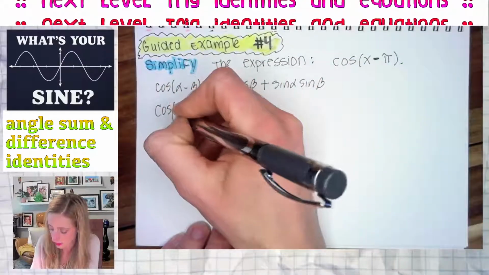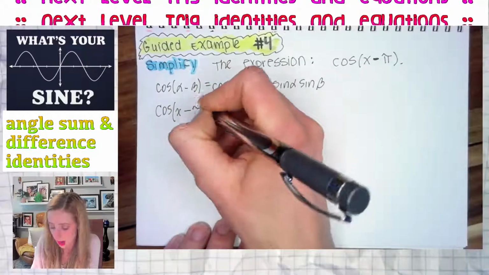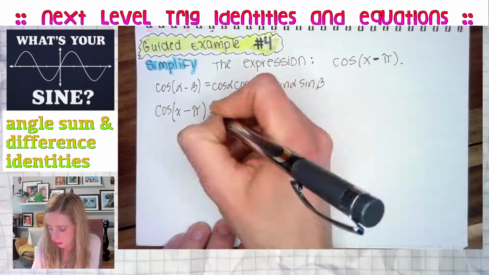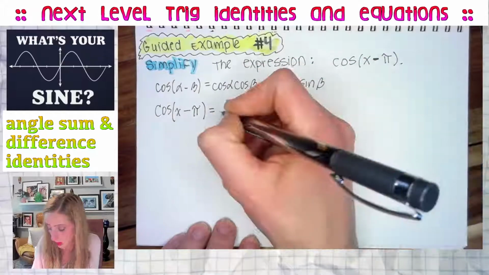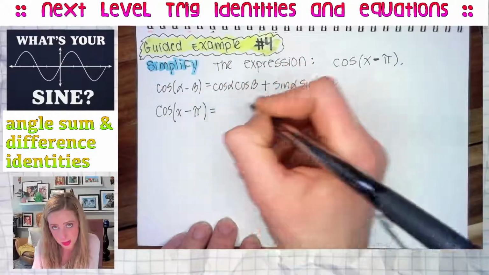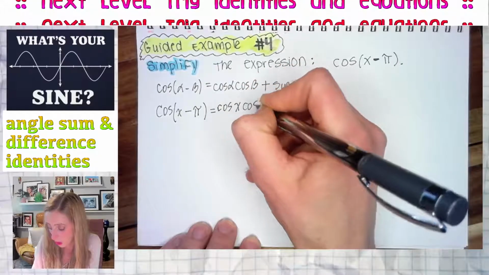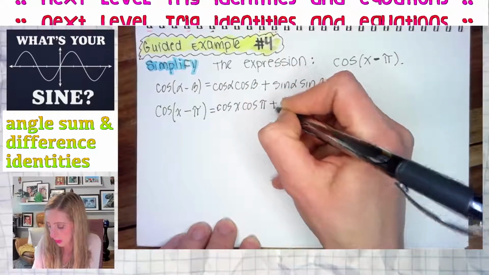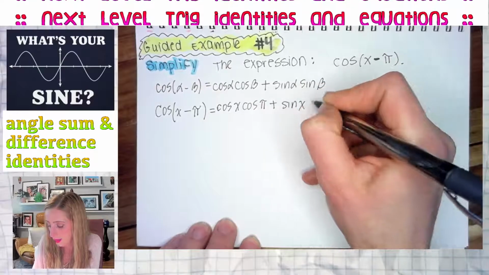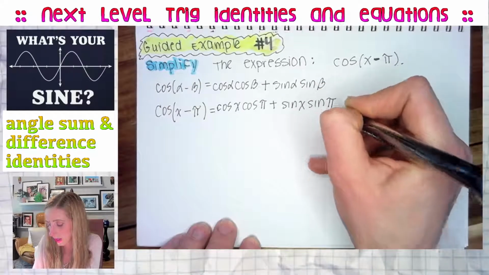Alpha is x, beta is pi. Fill them in for everybody. Every alpha is x and every beta is pi. So we have cosine x, cosine pi, plus sine x times sine pi.